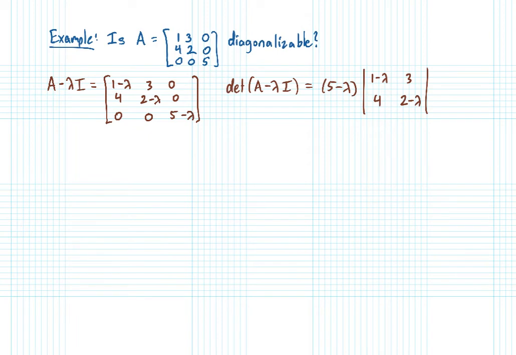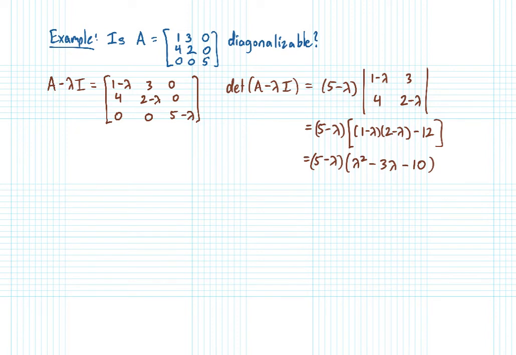The determinant of A minus lambda I is 5 minus lambda times the determinant of this 2 by 2 matrix. And the determinant of that 2 by 2 matrix is (1 minus lambda) times (2 minus lambda) minus 12. When you simplify the expression inside the bracket, you get lambda squared minus 3 lambda minus 10. And you can factor that as (lambda minus 5) times (lambda plus 2).